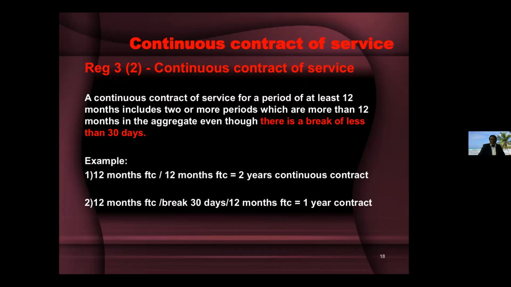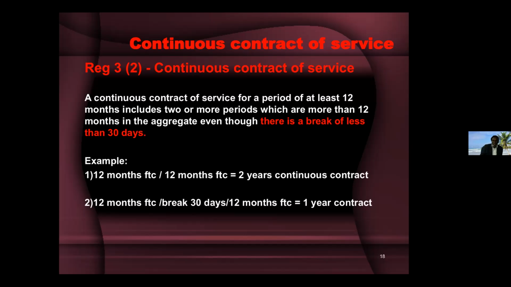So when you have a fixed term contract, let's say 12 months, and there is no break, the employer gives the same fixed term contract for the next 12 months. So this is counted as 2 years continuous contract of service, right? 12 months or 1 year plus 1 year becomes 2 years.